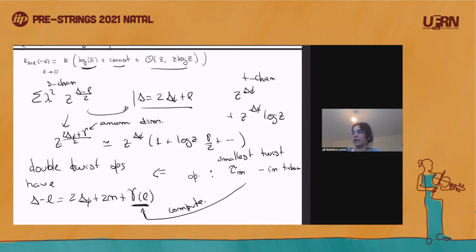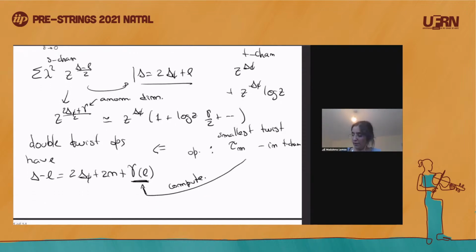And you can then try to set up some perturbative expansion in large spin. So you can do perturbation calculations in 1 over L, where you compute 1 over L corrections from T-channel operators of low twist.